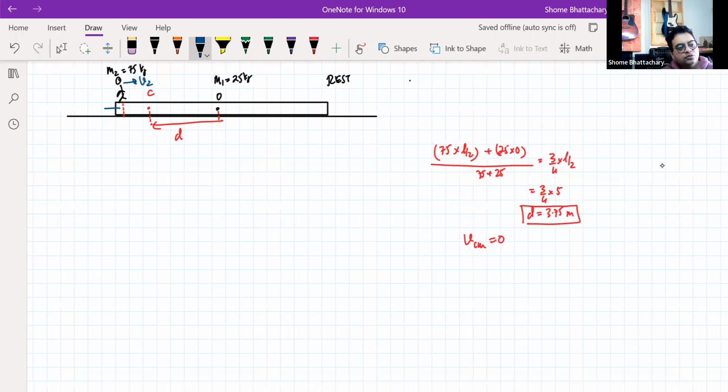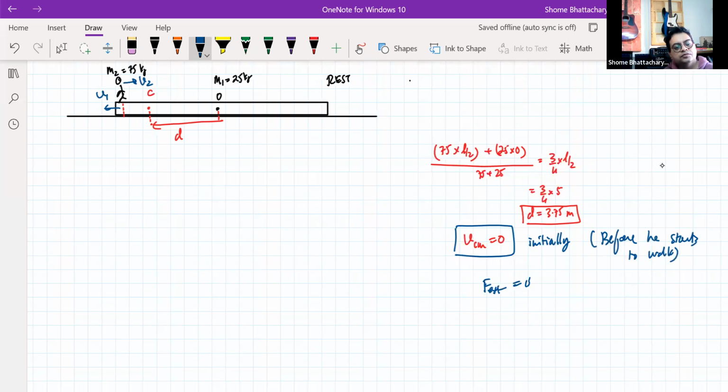So the plank will start going back at v1. Because the velocity of the center of mass is 0 initially, before he starts to walk, and the external force on the system is 0.